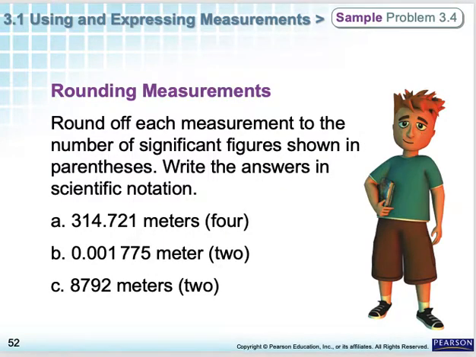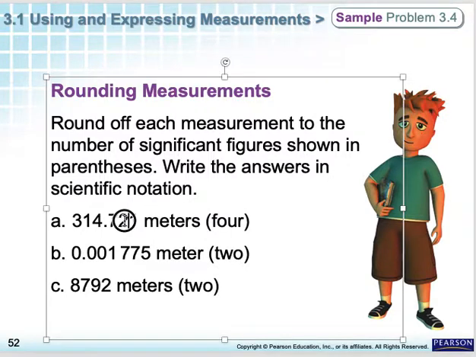So, if I wanted to round these numbers to 4 significant figures, that means I'm going to keep the 3, the 1, the 4, and the 7. I would look at this 2 to decide what I'm going to do. Since 2 is smaller than 5, I round it off, and so this would be 314.7.